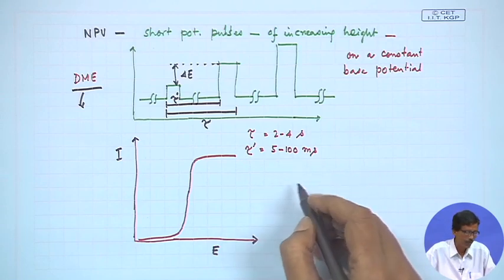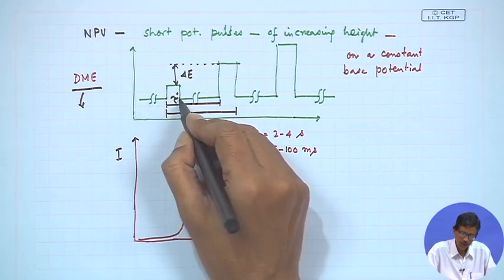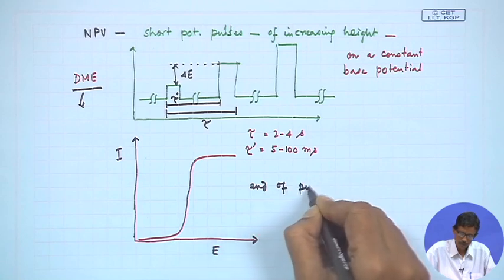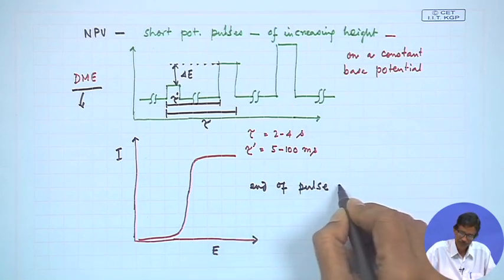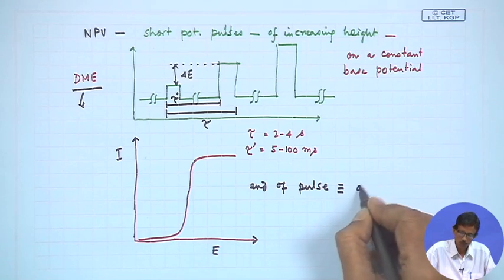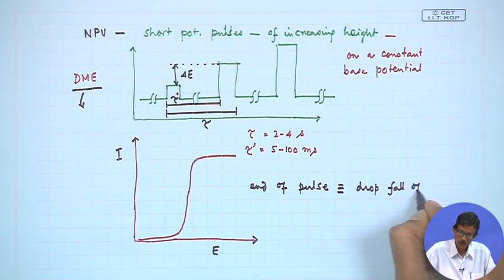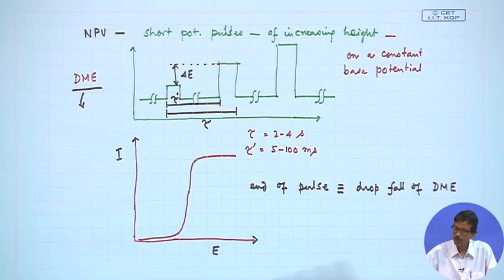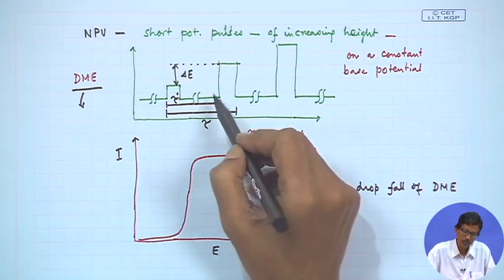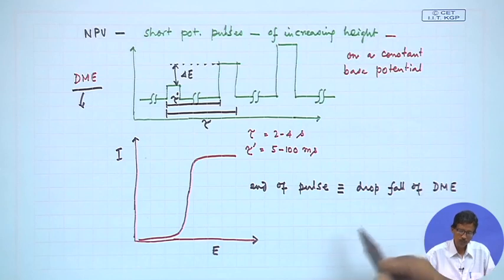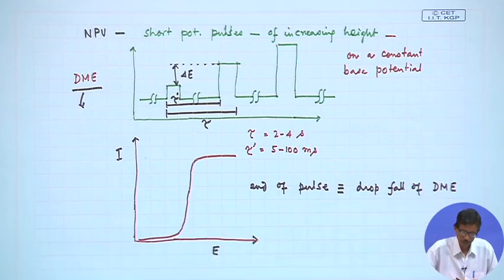When you come back to this position, that is the end of the pulse, which equals the drop fall of the DME. You get a fresh, new drop of mercury, which is utilized for the second pulse, and the third drop is for the third pulse. In this way it is very useful for normal pulse voltammetric measurement.